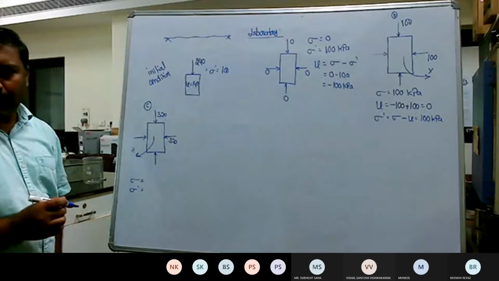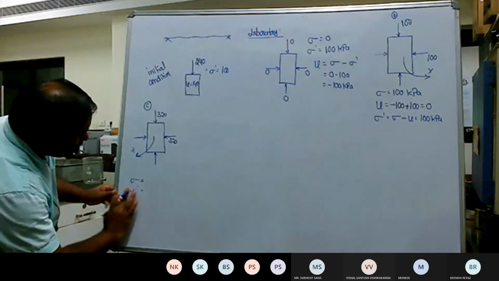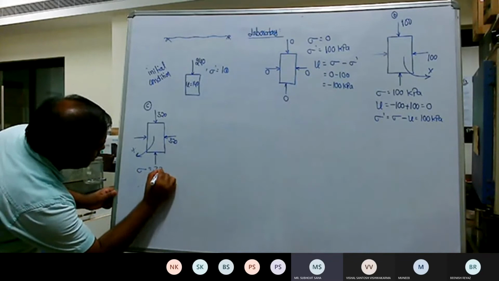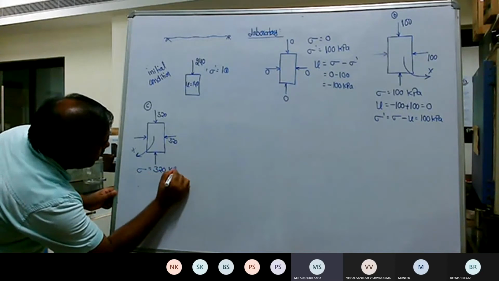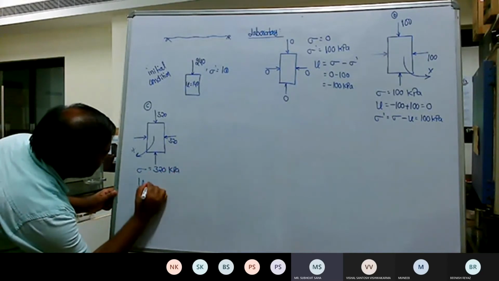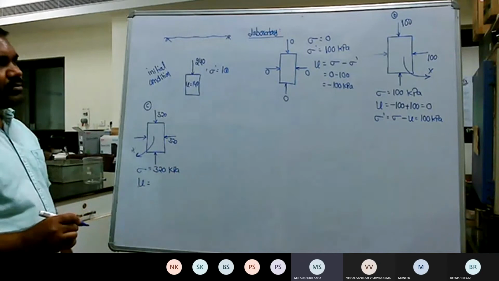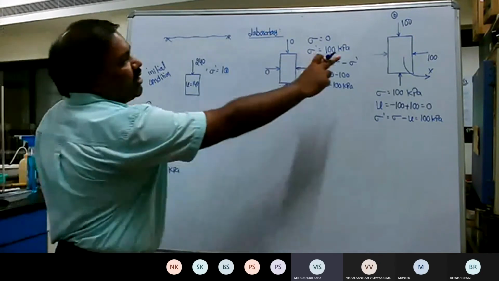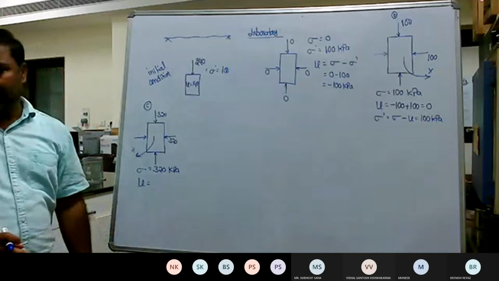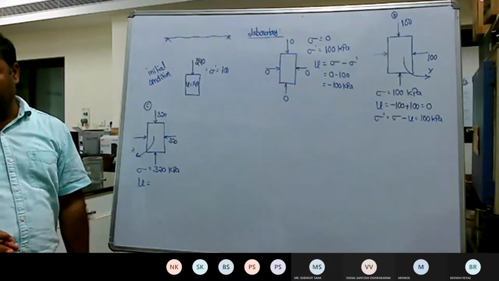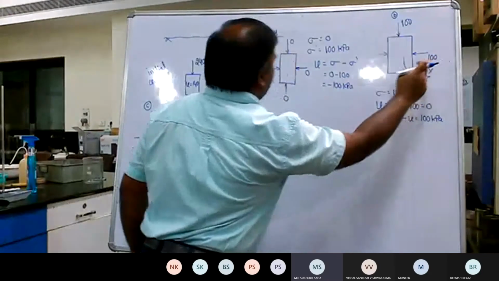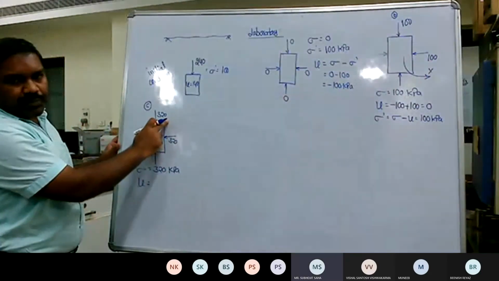What is the value of sigma now? 320 kilopascals. And what about the pore water pressure? 220 kilopascals. Already 100 is compensated, so you have increased effectively from 100 to 320.